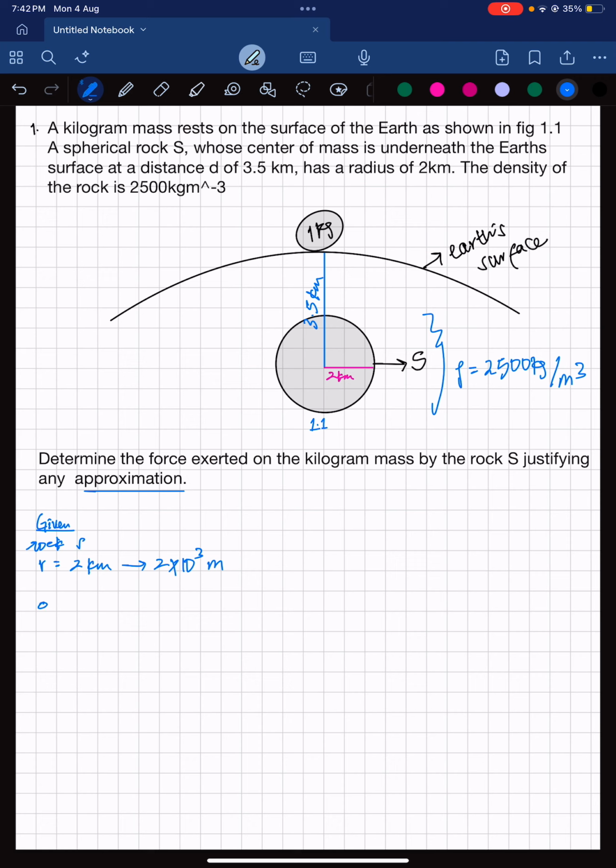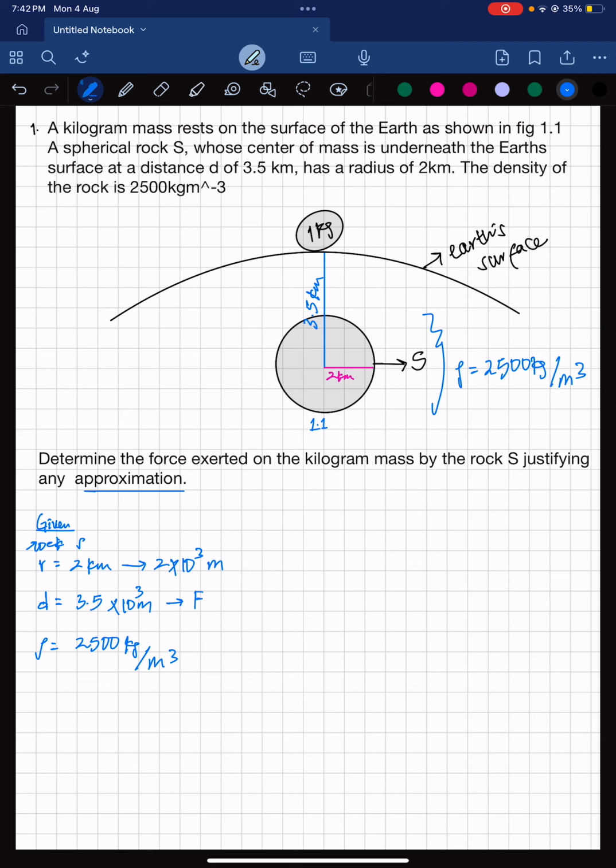And D is the distance, it's 3.5 kilometer, and we have to change it to meter. This we will use when we calculate the force. And also we have the density, and it's 2,500 kilogram per meter cube.